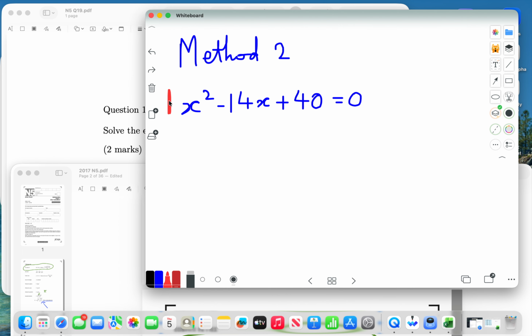The coefficient is 1, but you're not meant to put the 1 in front. Then ax squared plus bx plus c.